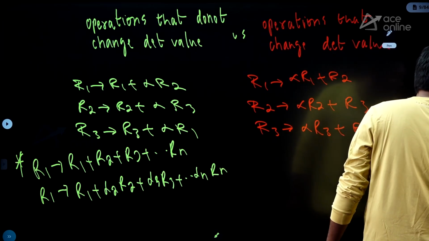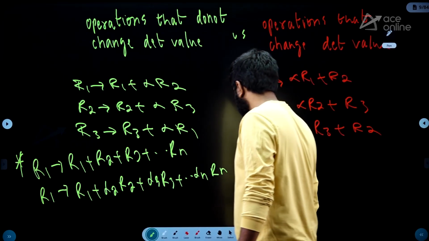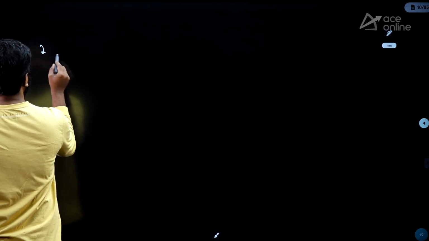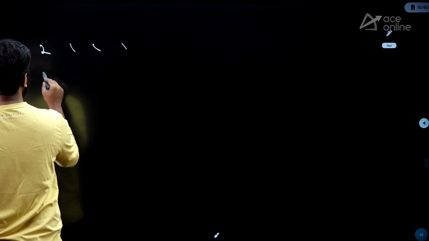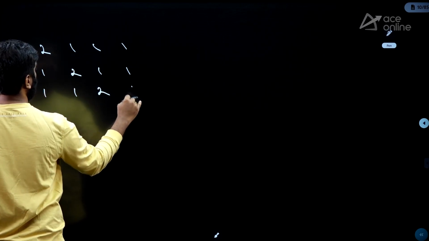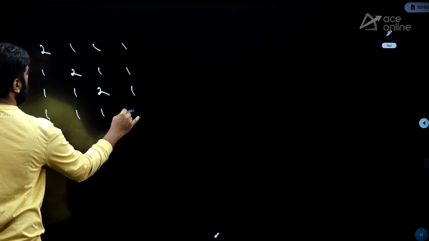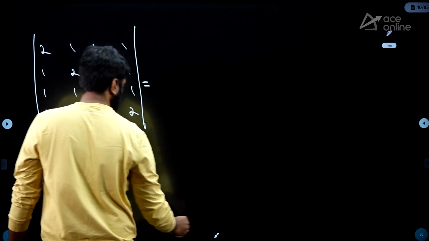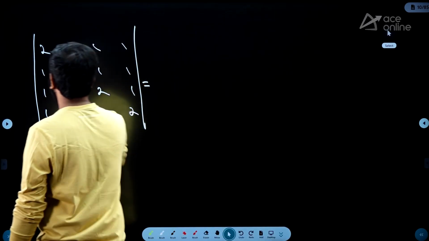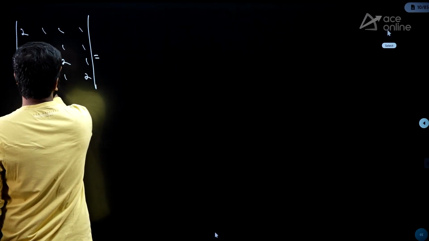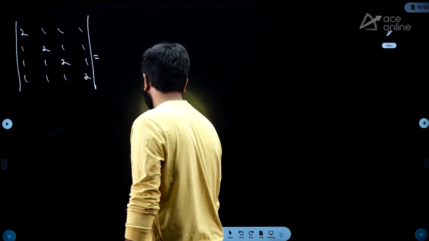I'll put such patterns here. This was one question: 2 1 1 1, 1 2 1 1, 1 1 2 1, 1 1 1 2. The determinant of this was asked in the examination. First let me list out those cases and show you what the pattern involved is.